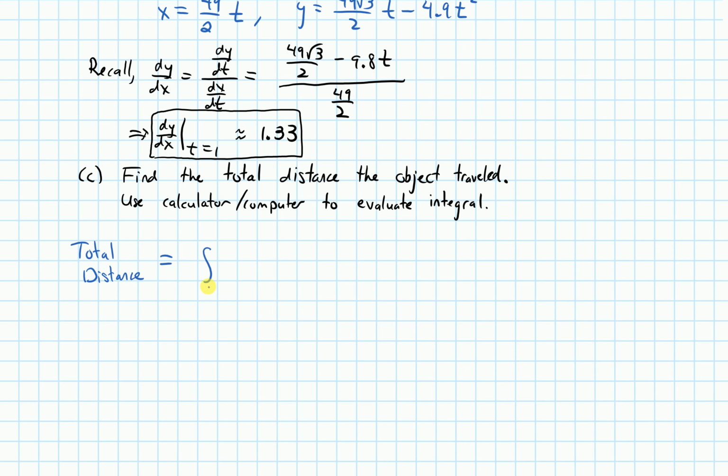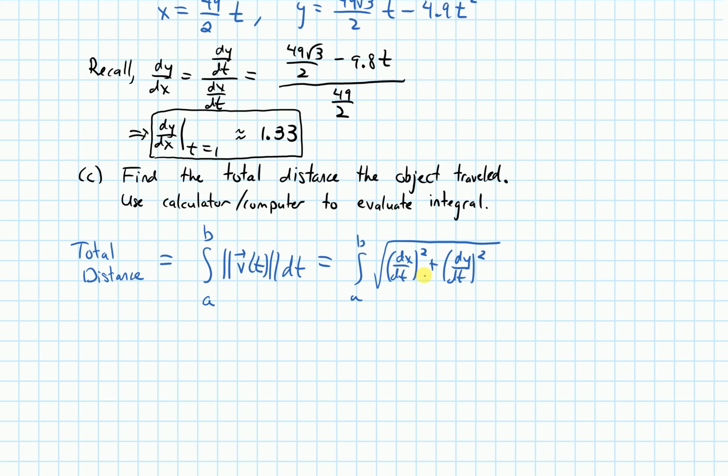And the formula for arc length is an integral from a to b of the magnitude of velocity. And the magnitude of velocity is going to be the square root of (dx/dt) squared plus (dy/dt) squared.